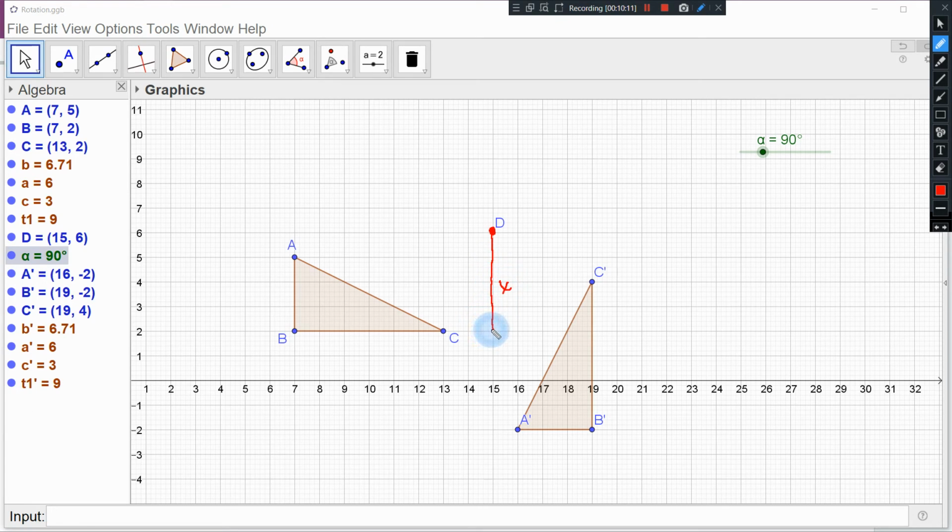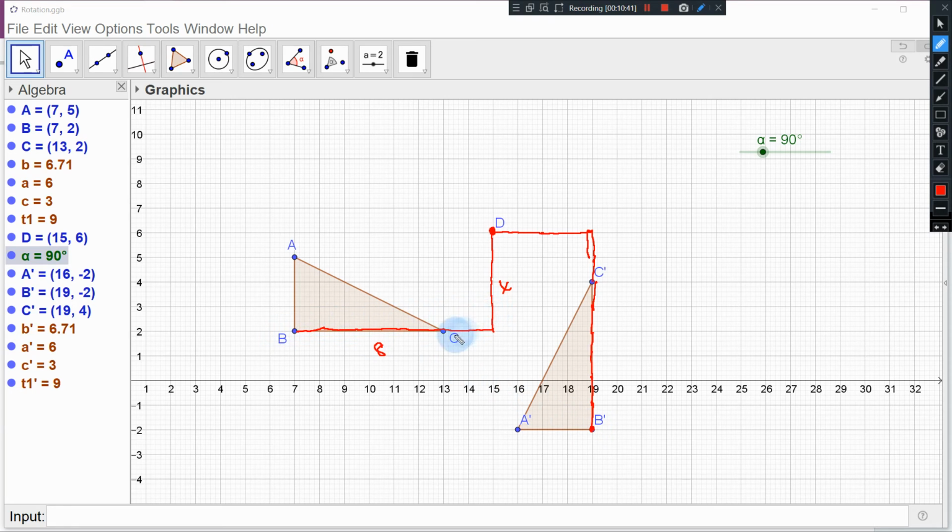Remember, this is 4. 1, 2, 3, 4, 5, 6, 7, 8. This is 4, 8. Okay, now I rotate this L shape anti-clockwise with this center. 1, 2, 3, 4. 1, 2, 3, 4, 5, 6, 7, 8. This is the image of this point.